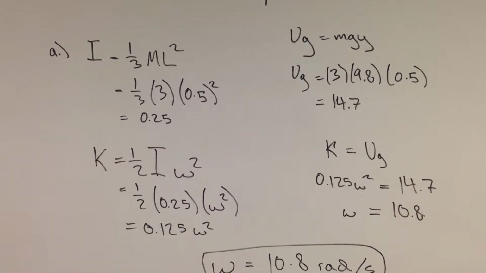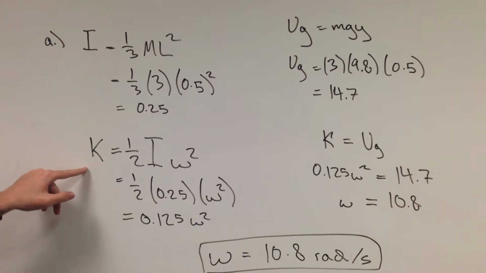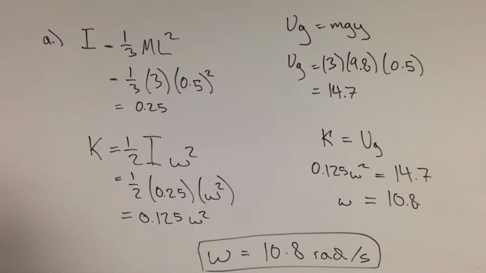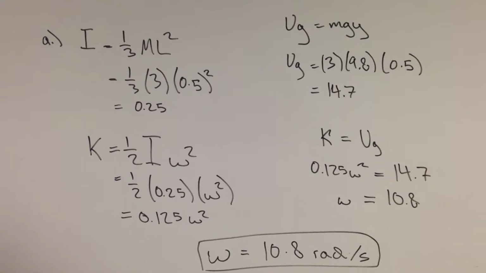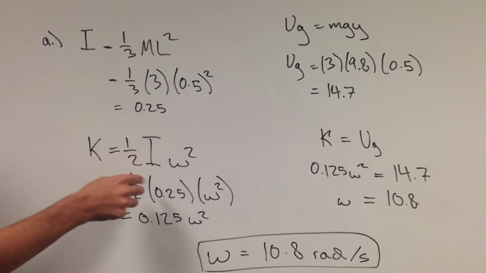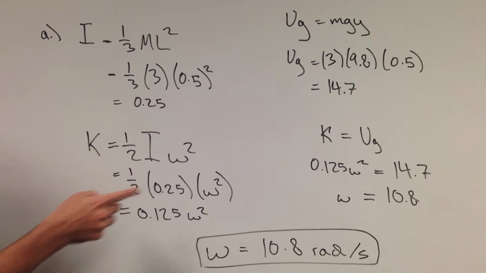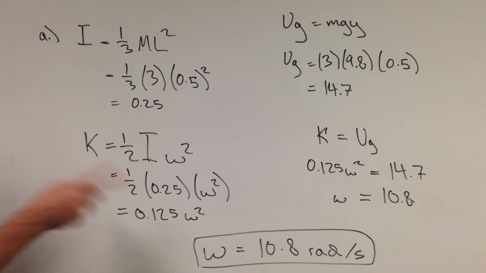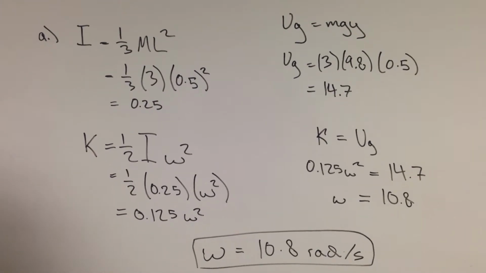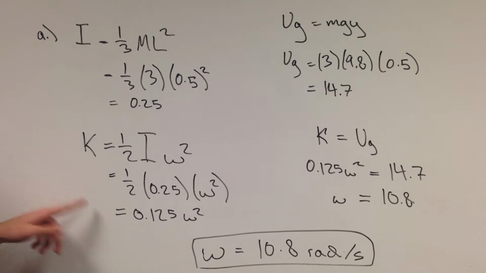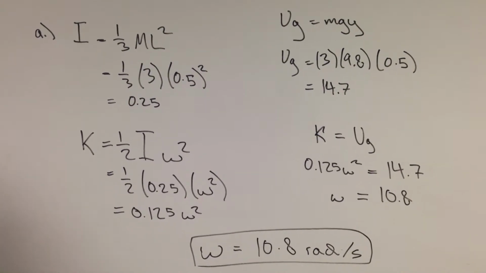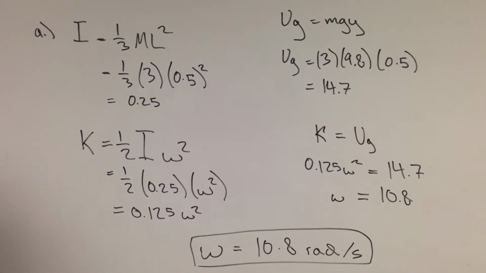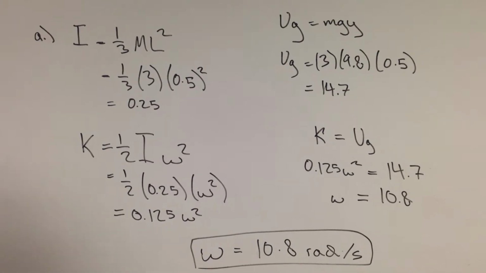Then we could solve for the rotational kinetic energy, which is 1/2 times the moment of inertia times the angular speed squared. We don't know the angular velocity yet, so we solve for kinetic energy in terms of angular velocity.